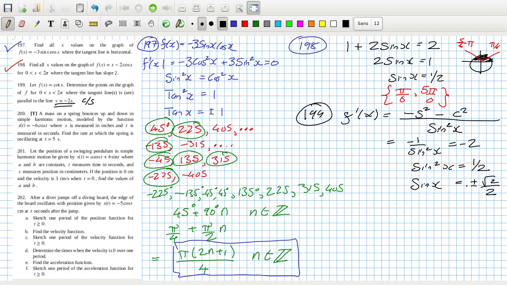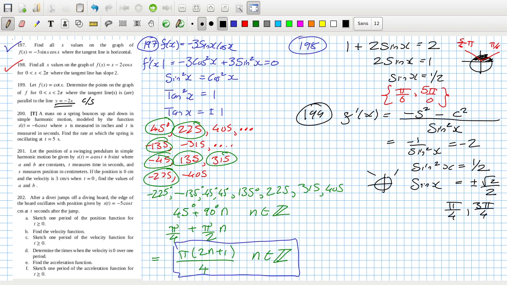So the 4 answers are, with the positive one, the initial answer is pi over 4. And the second answer will be in the second quadrant, so that would be pi over 2 plus pi over 4, 3 pi over 4.